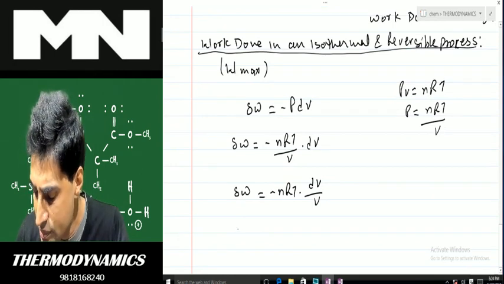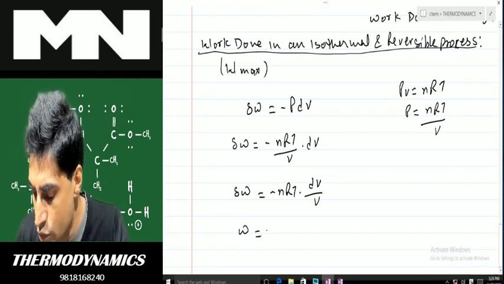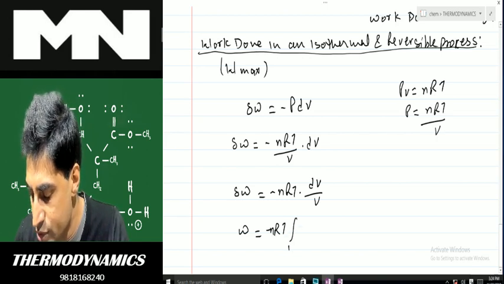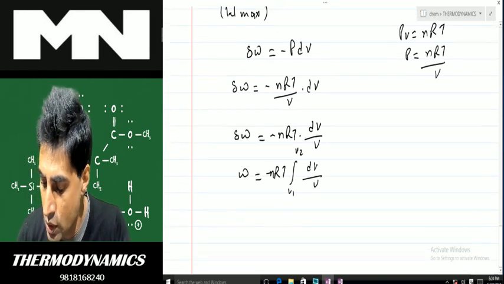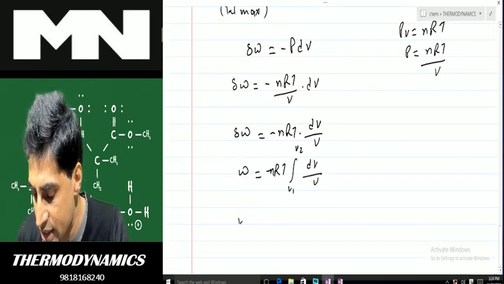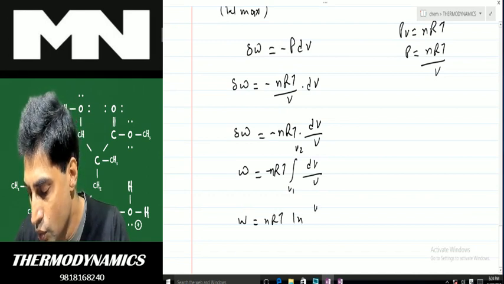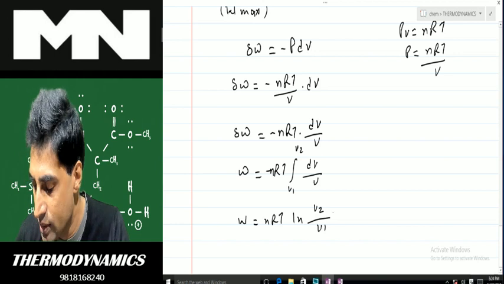That is, W is equal to minus nRT integration of volume change from V1 to V2 dV by V. According to the law of integration, work done is then minus nRT ln V2 by V1.